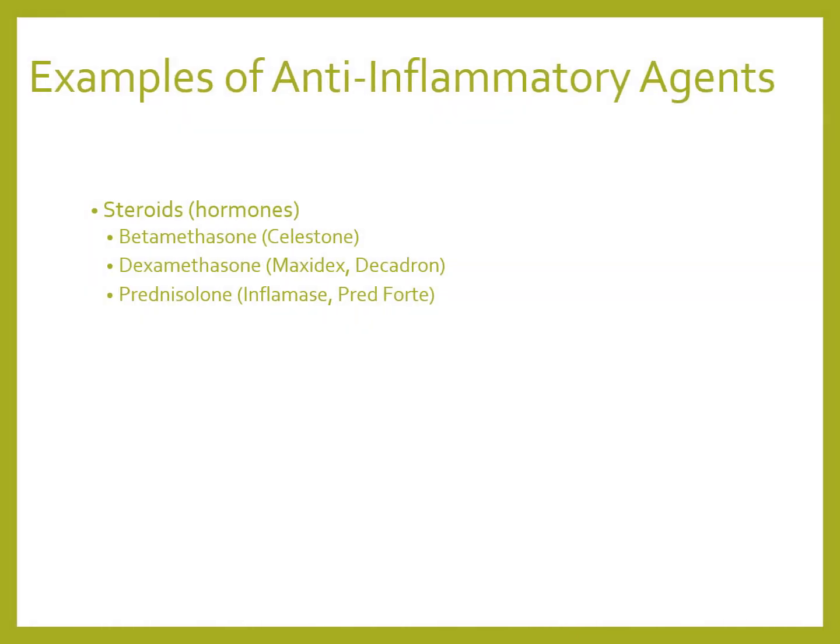The first class of anti-inflammatory agents, which is steroids, some of these are shown here. These are hormones with a wide range of effects. They can be used in ophthalmology to decrease ocular inflammatory response to trauma, decrease corneal inflammation, and protect the eye from scarring. Postoperatively, they are used to decrease swelling.